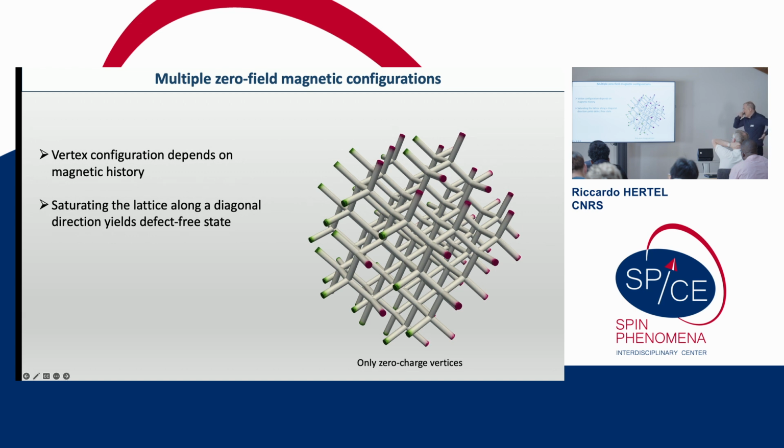And coming again from saturation down to remnants, we can generate different configurations. If we apply the field in, say, a diagonal, an intermediate direction which does not correspond to any direction of the wires, and you lower it to 0 field, then all the vertices are defect-free, and you just have magnetic charges at the outermost branches of this crystal.